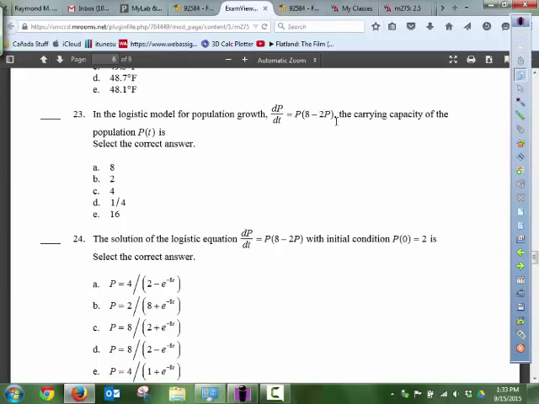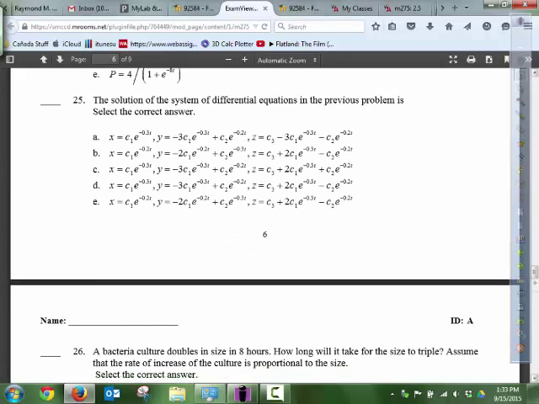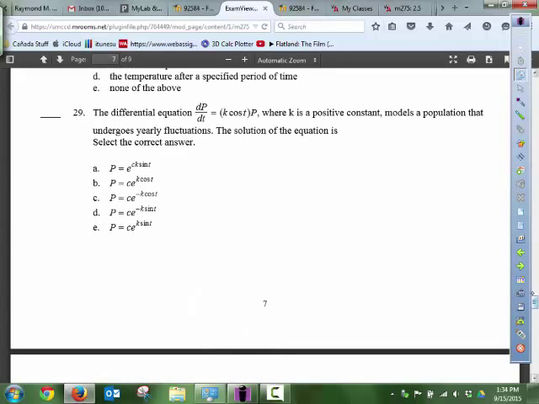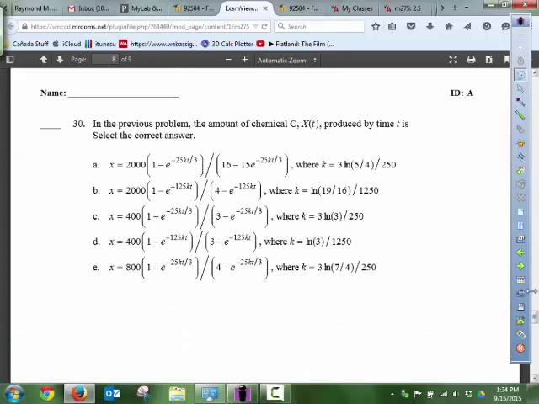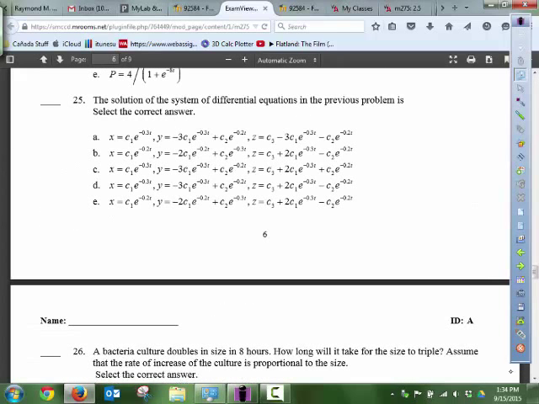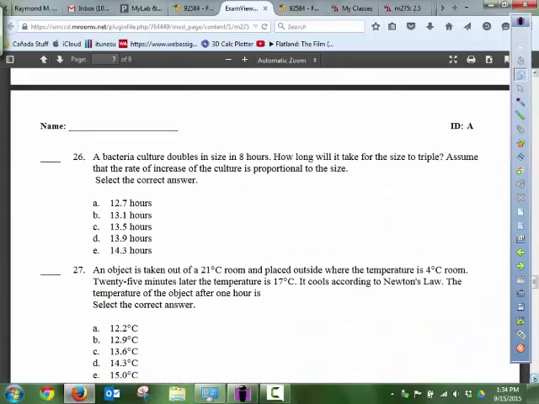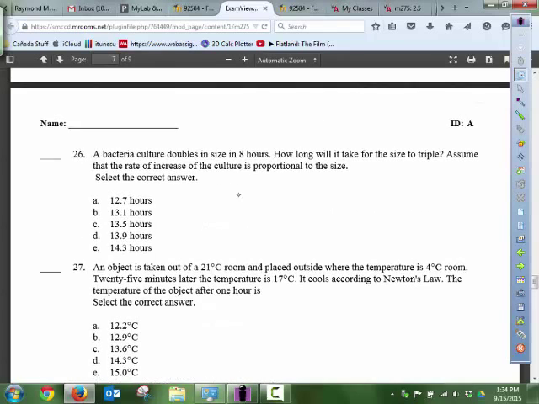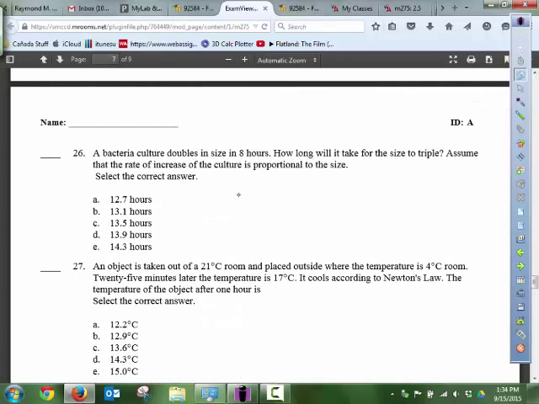Here they kind of give you the differential equation already. All right, 26, 27. We did like a 27 problem before, didn't we?